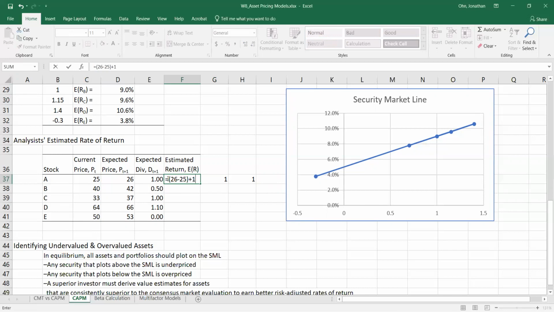That is the cash flow that you expect, but we need to calculate the estimated return, so divide it by the initial price. What do you get? This is 8%. The same way for D. Let's do this, D.